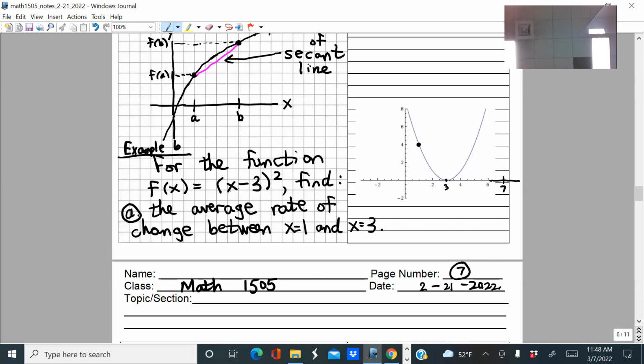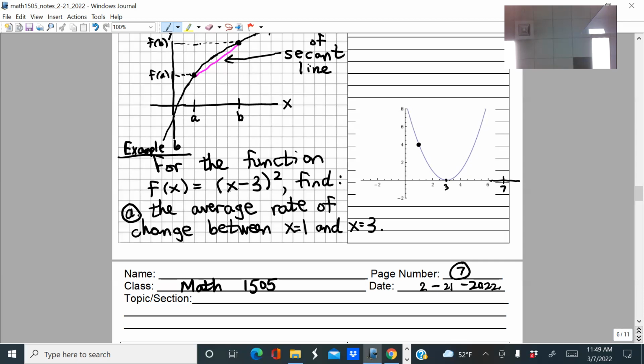Well, without even calculating that average rate of change, you can already tell me whether it's going to be positive or negative. It's going to be negative because from x equals 1 to x equals 3, this curve is falling. This curve is decreasing, so the rate of change has to be negative.